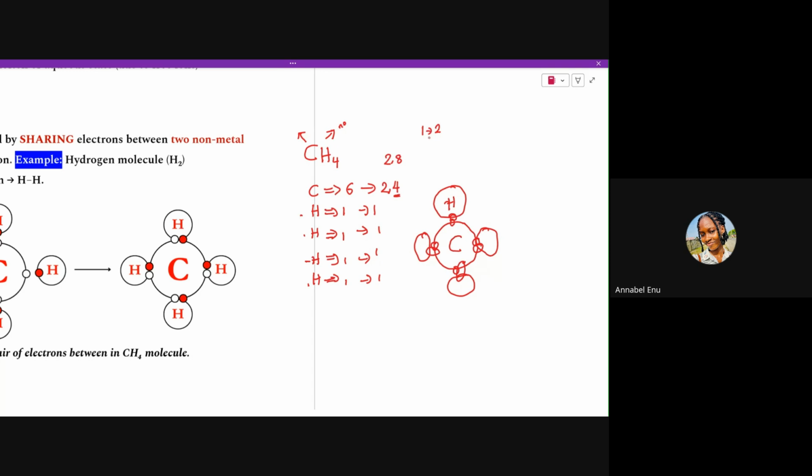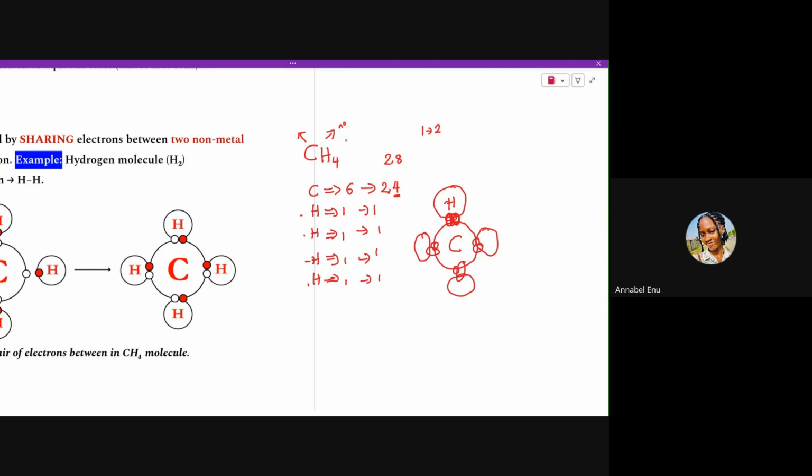Once the element has exceeded lithium, beryllium, they are now going to be aiming for the octet. So hydrogen is aiming to be 2, like helium. That is why hydrogen is also stable here, because it's sharing 1 from the carbon.